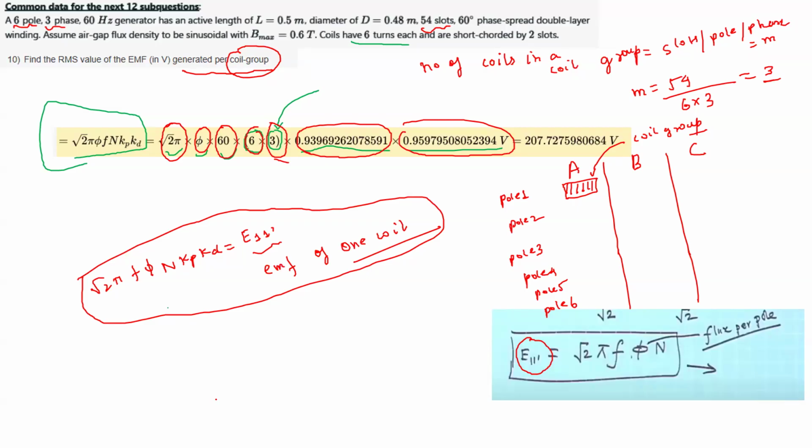So what will be the EMF of a coil group? It will be EMF of one coil times the total number of coils in a coil group.